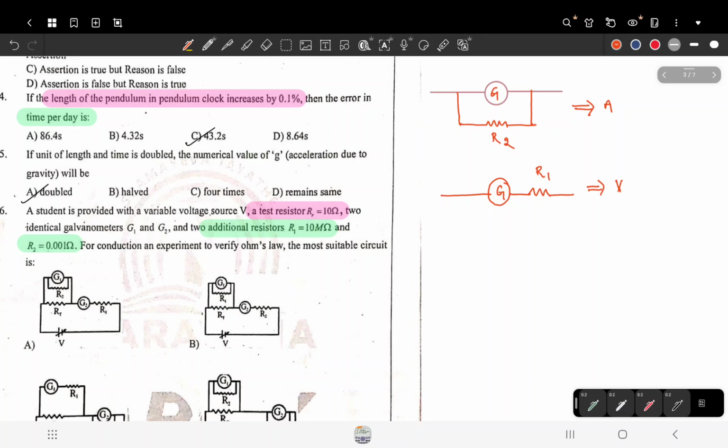If I connect that R2, I know this will act as an ammeter, because we are connecting a low resistance in parallel to the galvanometer. So this will act as an ammeter, and now this part will act as a voltmeter.